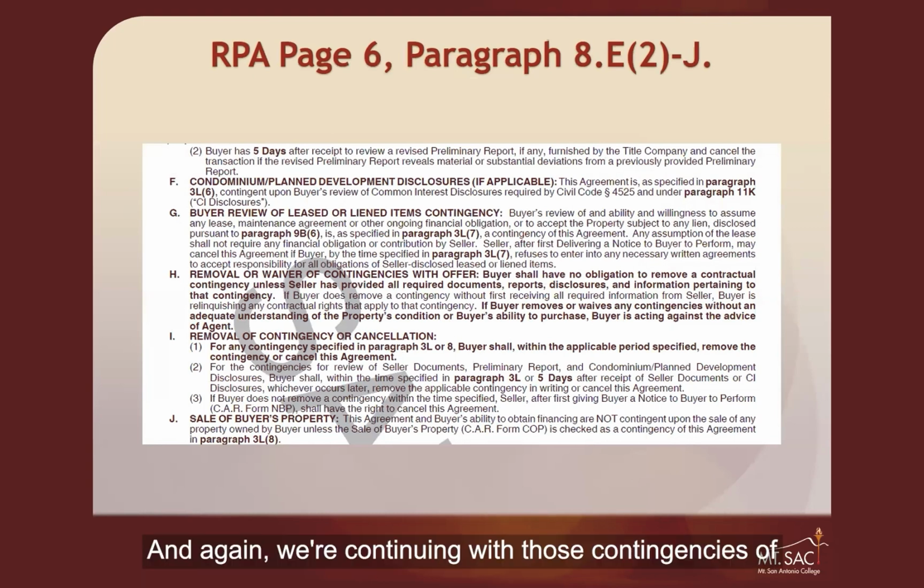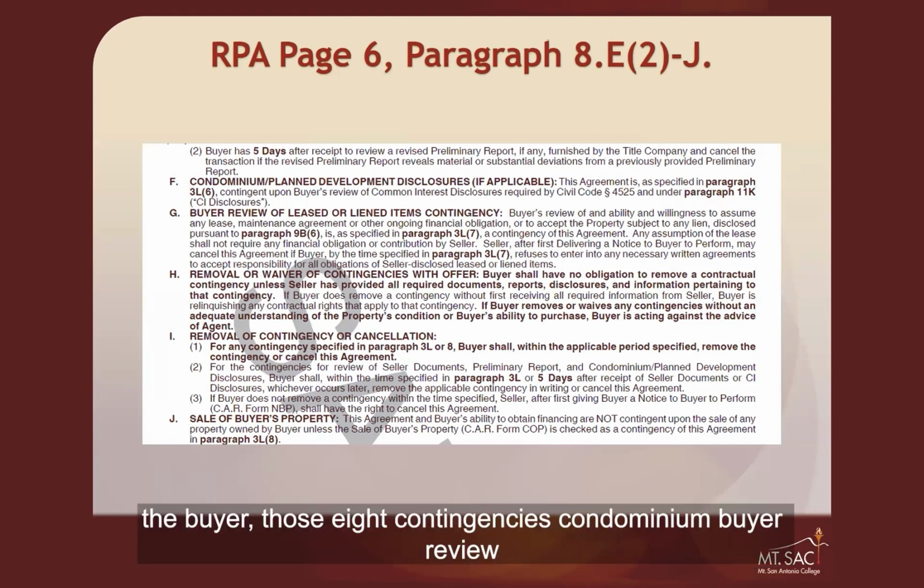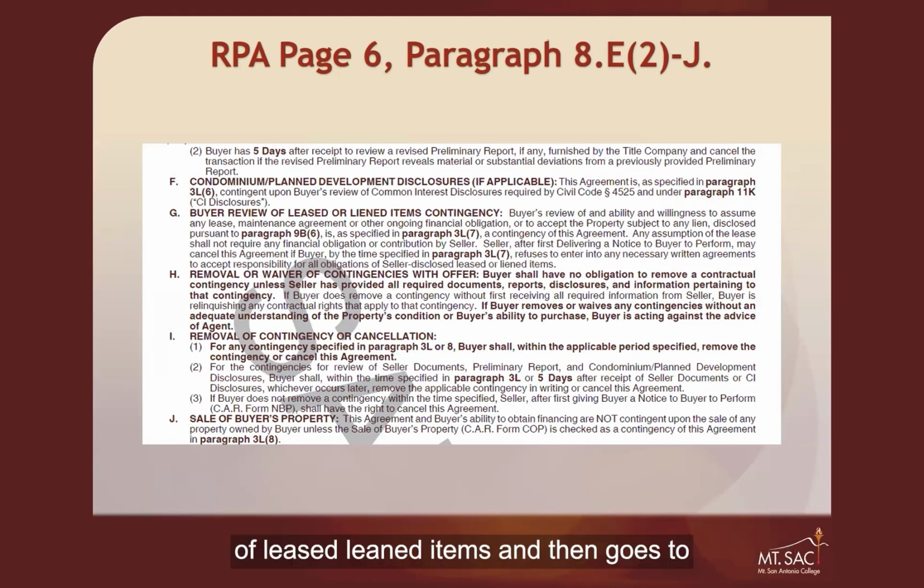And again, we're continuing with those contingencies of the buyer, those 8 contingencies: condominium, buyer review of leased liened items, and then goes to removal or waiver of contingencies.